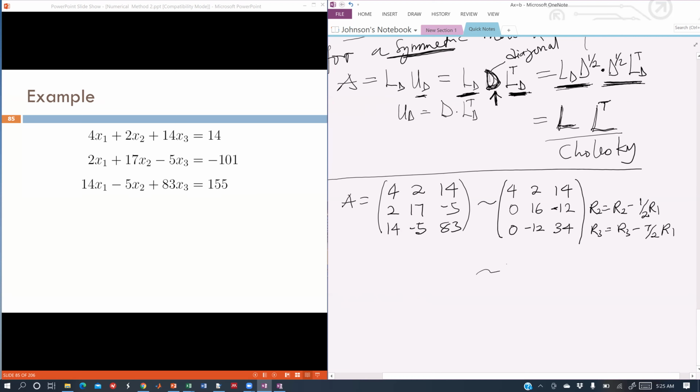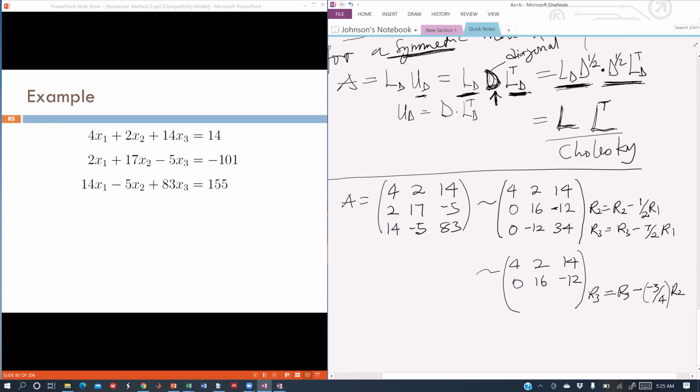Then the next iteration, our pivot is now 16. We get 4, 2, 14, 0, 16, minus 12, and row 3 is equal to row 3 minus negative 12 on 16, which is negative 3 on 4, row 2.